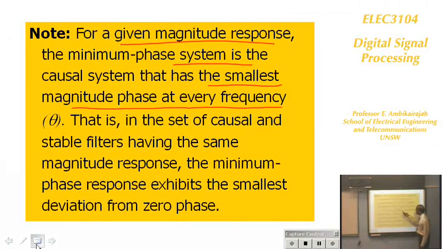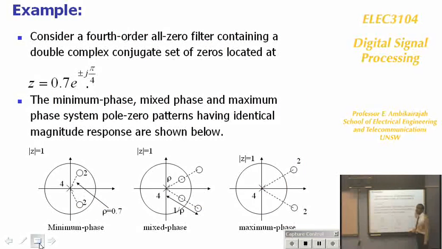Basically what I'm trying to say is it's the smallest deviation from 0. That's what I'm after for a minimum phase system. It's the smallest deviation from 0. Okay. So let me go through this diagram. Here's an example. Let's demonstrate this through the example.